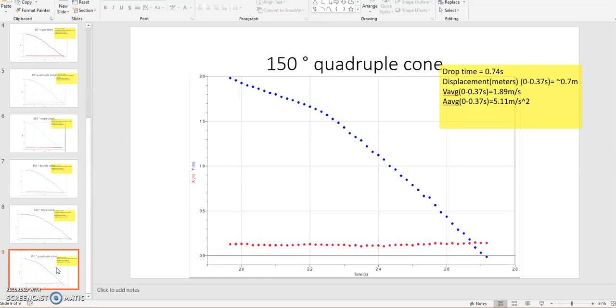So our quadruple cone definitely had our fastest acceleration compared to the other three trials for the 150-degree cones, which is consistent with our hypothesis that the heavier weighted cones are going to drop faster.